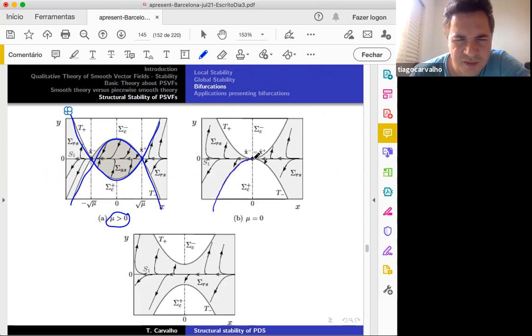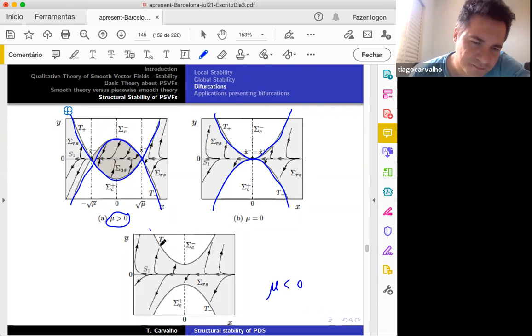Just like here, when m is positive, or when m is equal to 0, they have this non-generic intersection. And when m is negative, these parabolas have no contact, okay?